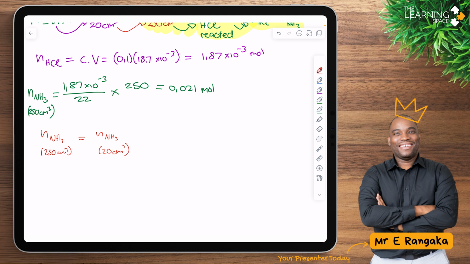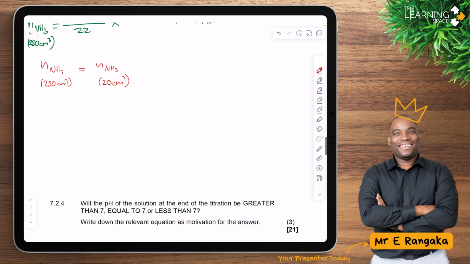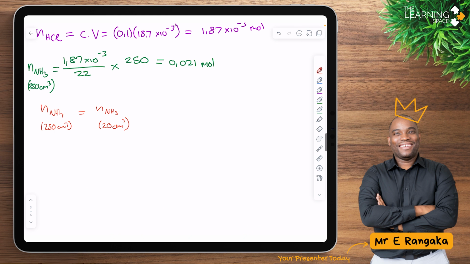Then from there, to figure out how many moles we had in the big sample, the 1 decimeter cubed sample, all we have to do is say, from 20 cubic centimeters, it's the number of moles of ammonia in the 1 decimeter cubed, right?